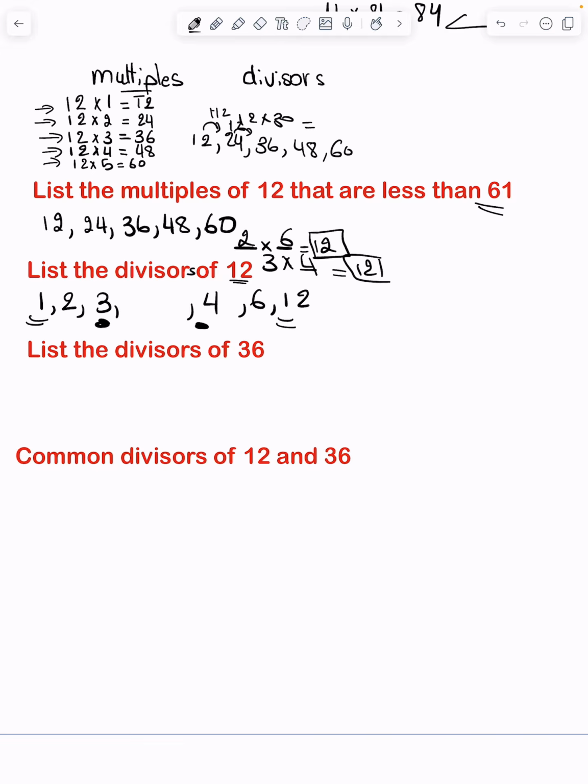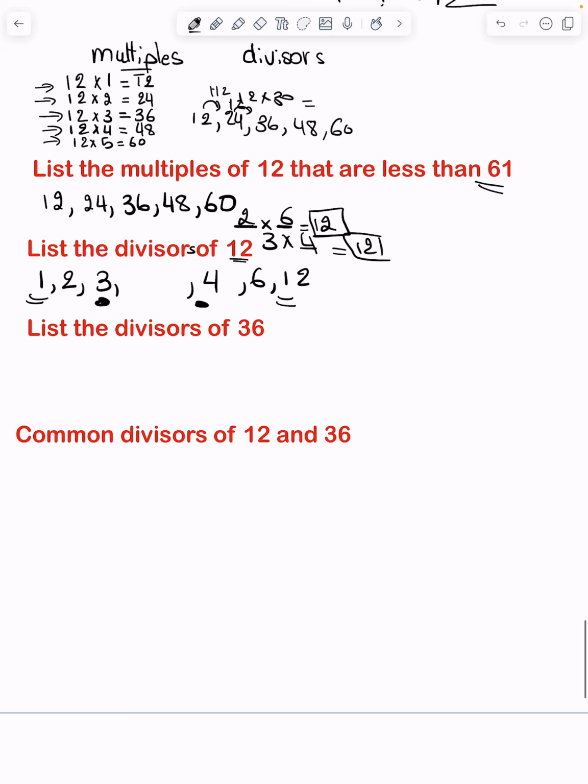Okay? Now they ask you to list the divisors of 36. How are you going to find them? You start with 1 and then of course the number itself, 36. So 1 times 36 is 36. Now you try with 2. Is there a number you can multiply by 2 that gives you 36?